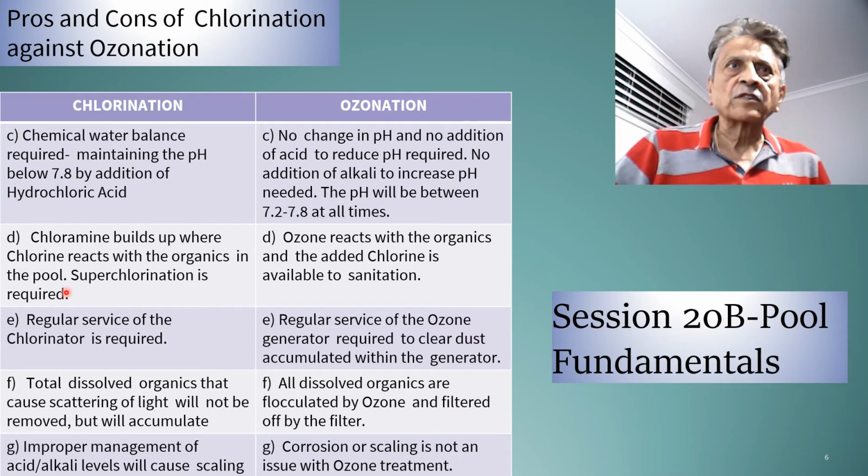With respect to chlorination, we have to service the chlorinator, or manually service the chlorine equipment that doses the chlorine, or otherwise we have to manually add the chlorine every day.